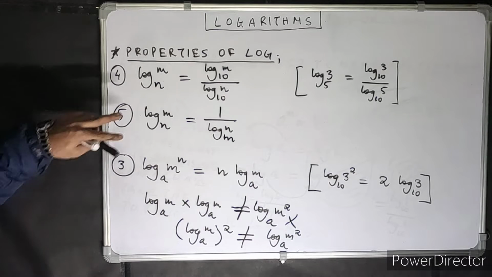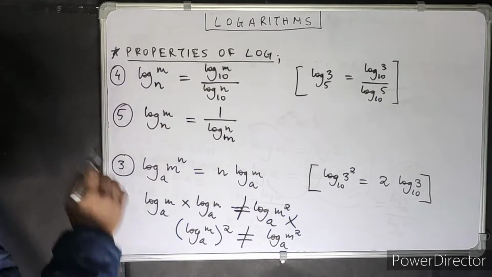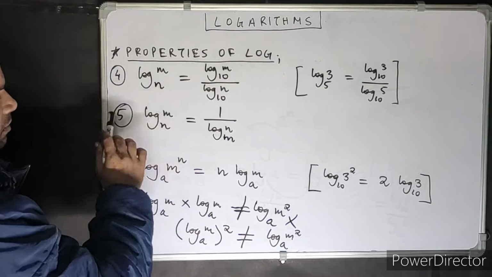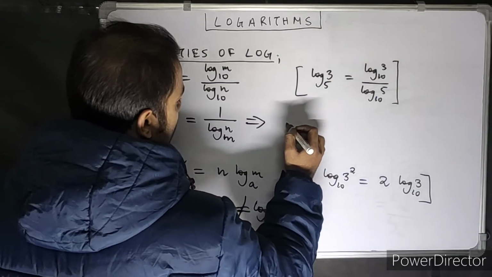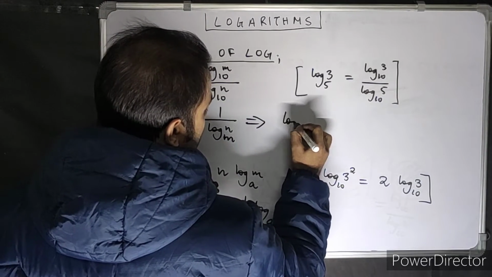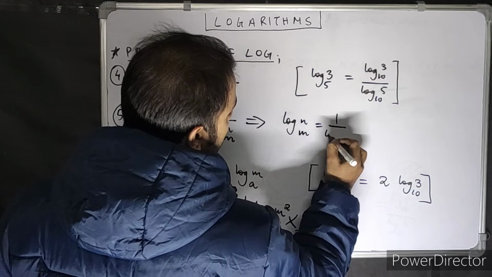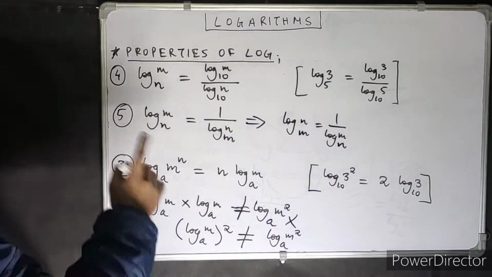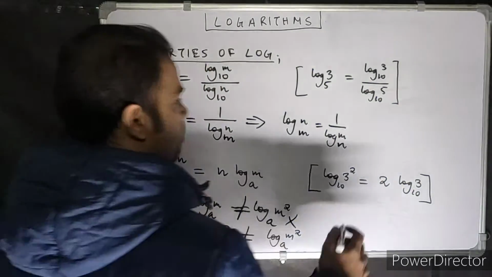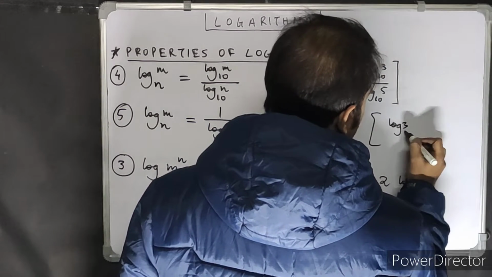What happens? n goes up, m becomes the base, and vice versa also. That implies log n base m is equals to 1 by log m base n. The opposite also.